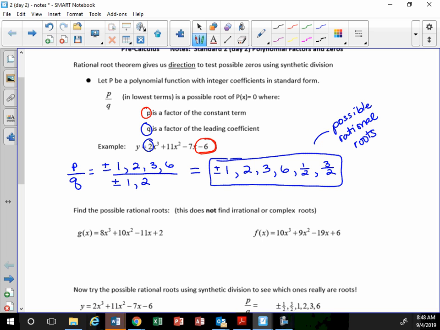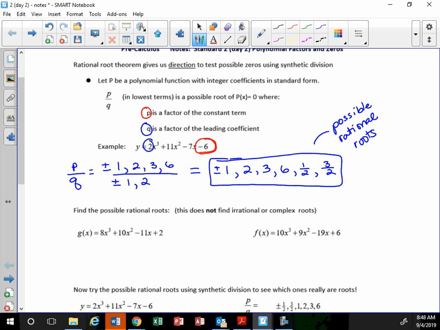Do you guys know what rational numbers are? Somebody tell me. Describe a rational number. All right, these are all rational numbers, okay? 1, 2, 3, 6, 1/2, 3/2. They're numbers that you can write as a fraction, or they're a whole number.